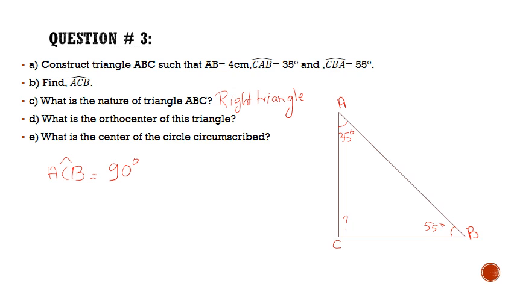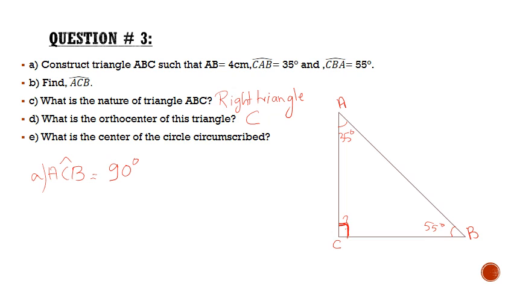Excellent. You all know that I can figure out the orthocenter directly in a right triangle. Who can tell me what's the orthocenter in a right triangle? Yes, Malak? C. Very good. So it's the vertex where the right angle is the orthocenter. So the orthocenter is C. Now, what's the center of the circle circumscribed?